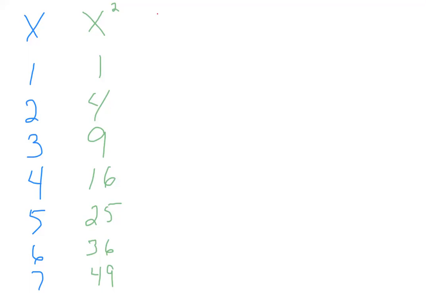So if that's a partial list of perfect squares, let's talk perfect cubes. Well, I'm going to do the same process, except now I'm going to multiply the blue times the green. So 1 times 1 is 1. 2 times 4 is 8. 3 times 9 is 27. 4 times 16 is 64. 5 times 25 is 125.